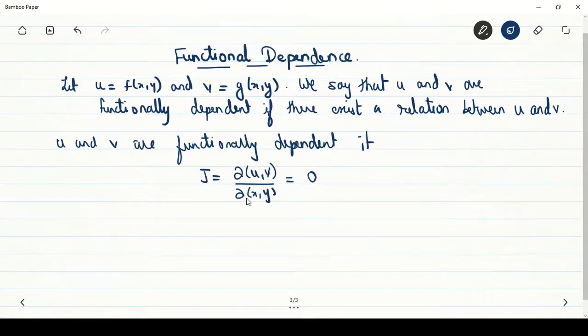If J is 0, then we say that the functions u and v are functionally dependent. If this value of the Jacobian is not 0, then u and v are functionally independent.